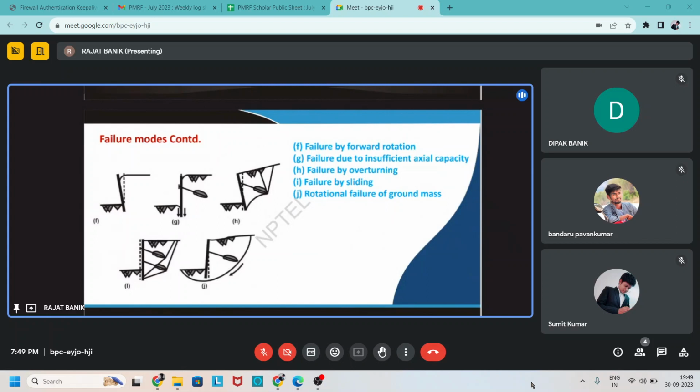Then failure by sliding: if the resisting force is less than the lateral force, then sliding failure occurs. Then rotational failure of ground mass, and it occurs when the base fails, when the whole soil is pushed into the field, that means the whole ground is failed, and then this type of failure occurs.